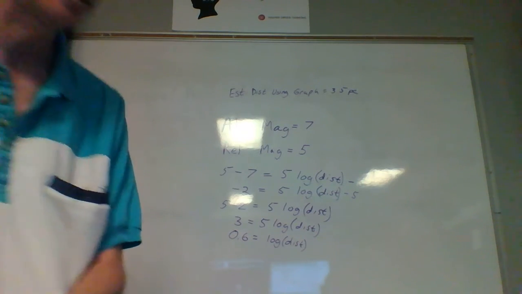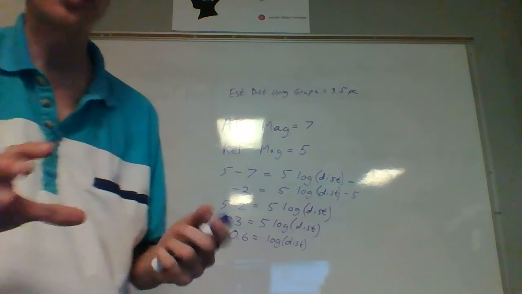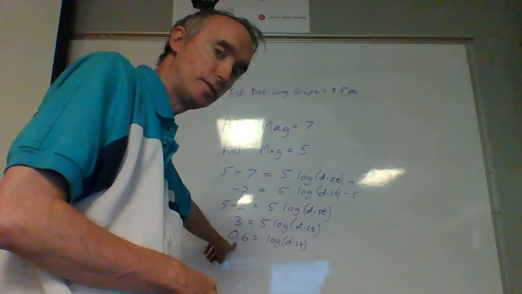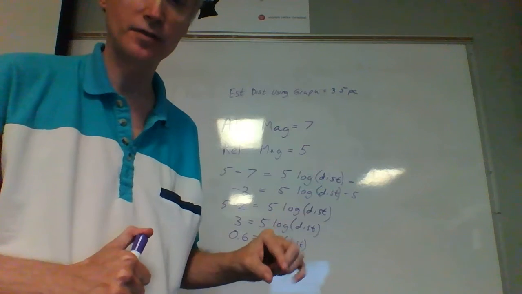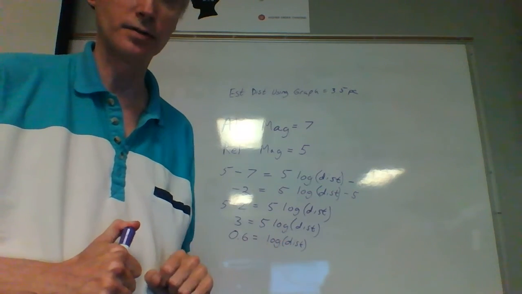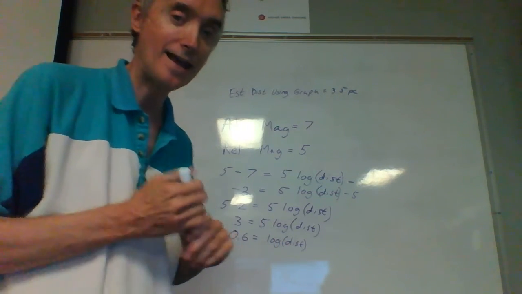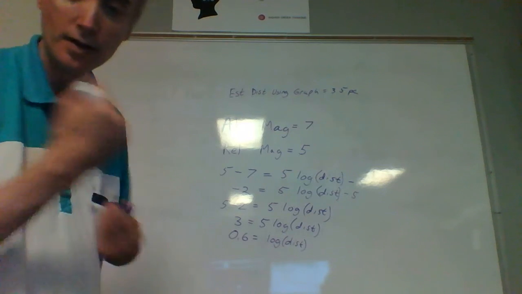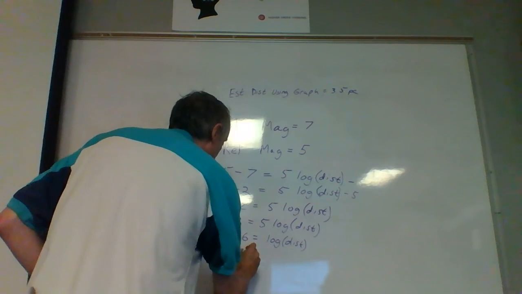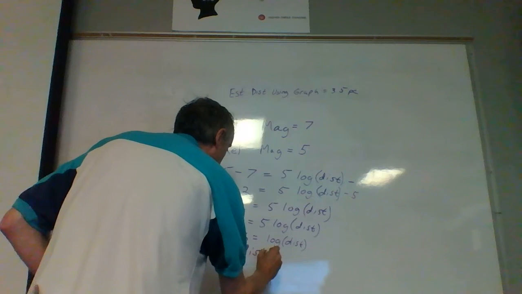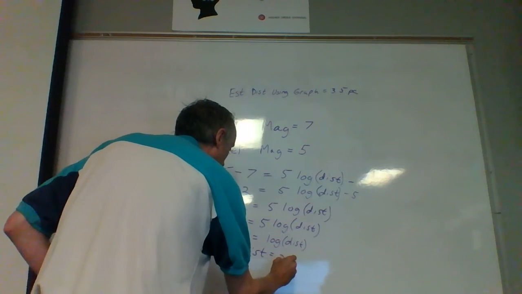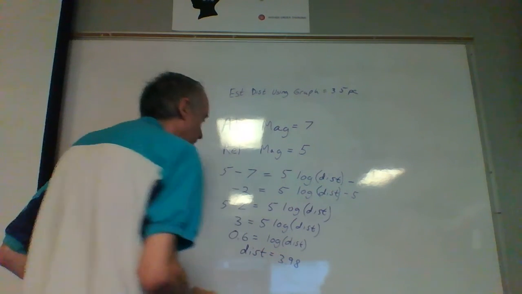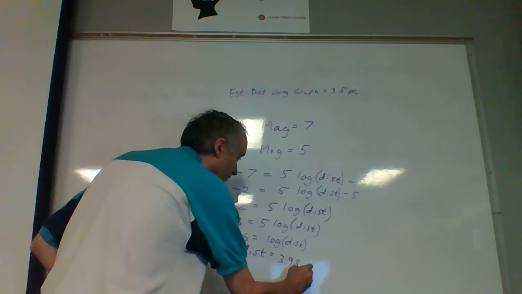So I entered this number, and then I pressed the second function key and then the logarithm key, and that gave me the anti-log. And so this gives me that my distance is equal to 3.98 parsecs.